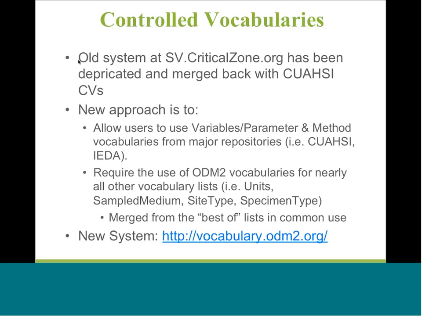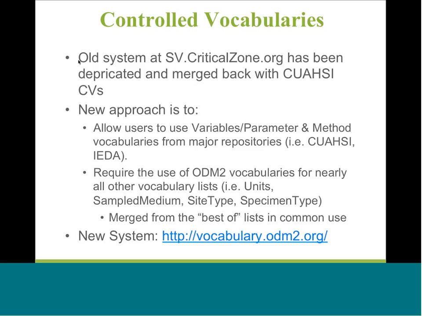So the new approach that we've decided to take is, as you've all heard, we are wrapping our data system and the cyber infrastructure of Quasi and AIDA are all migrating to work around the new Observations Data Model 2.0.